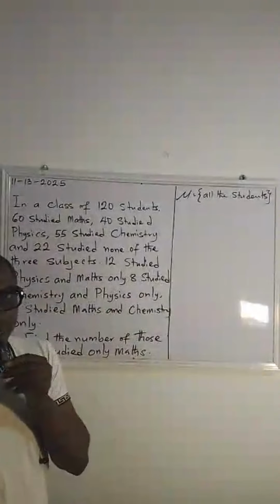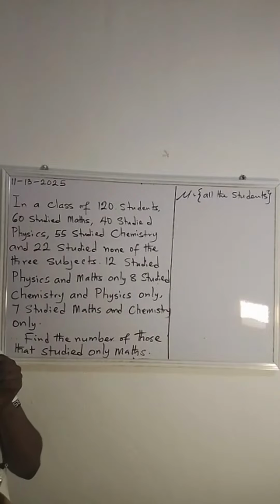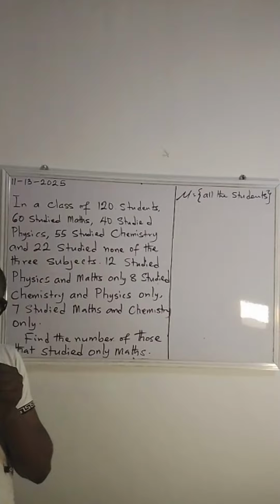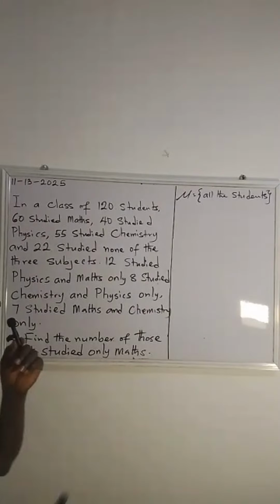Now let's read further. Okay, so now we have 60 study maths. So what does that mean? That means we have some set of students that study mathematics. So there's a need for us now to represent this set of students that study mathematics with an alphabet. So now let's do that.